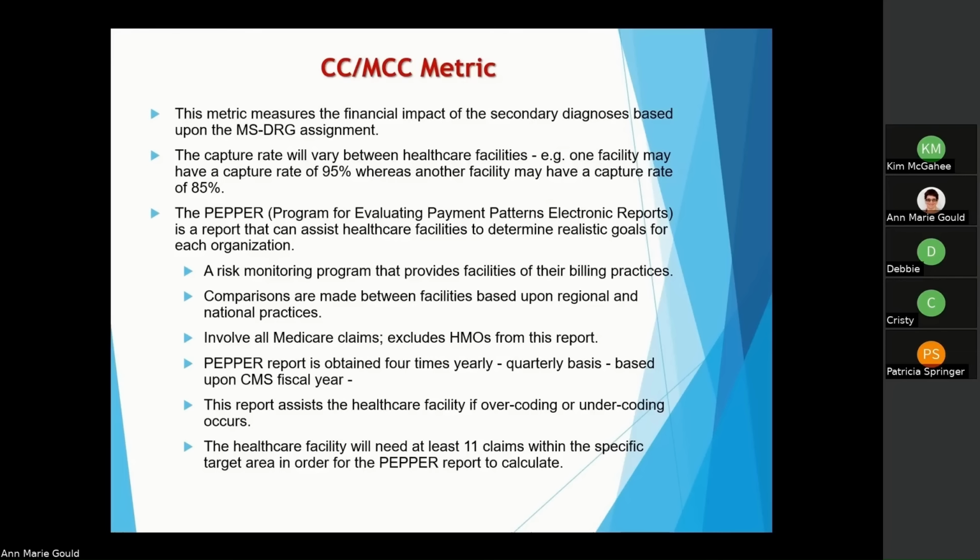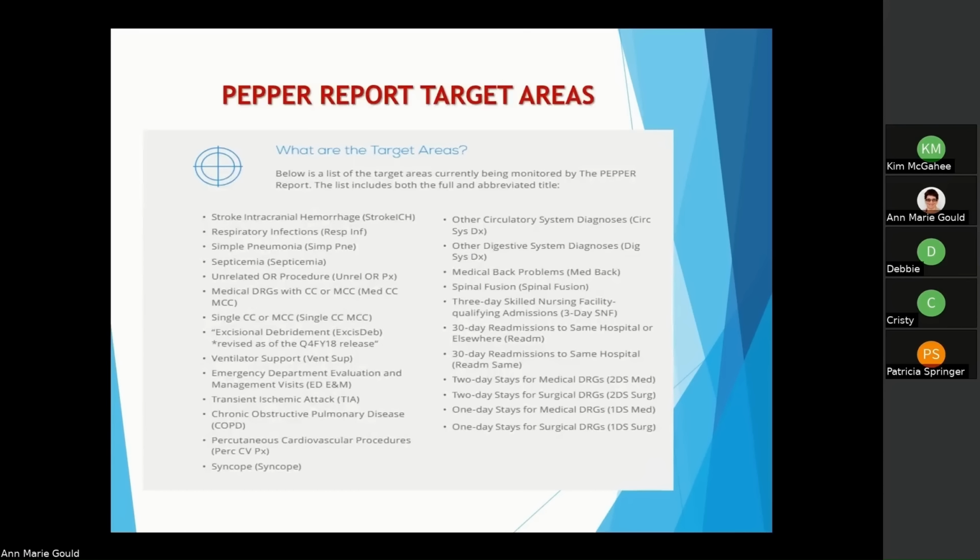This report assists the healthcare facility if overcoding or undercoding occurs, because it gives you the MSDRG assignments for the different claims submitted to CMS. But the facility needs at least 11 claims within the specific target area in order for the PEPA report to calculate.